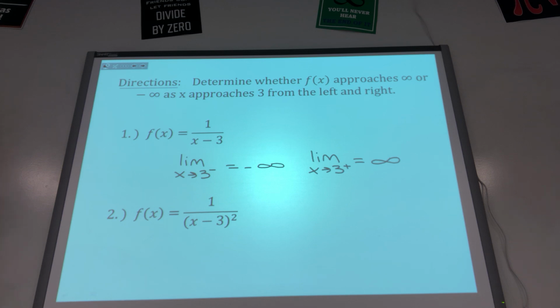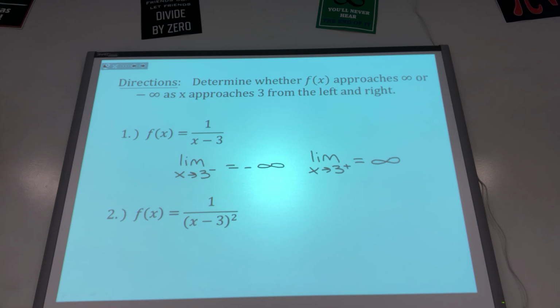Now, I'll just try one more of these before we switch over. Example 2, f of x equals 1 divided by the quantity x minus 3 squared.